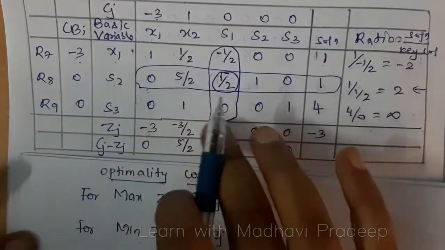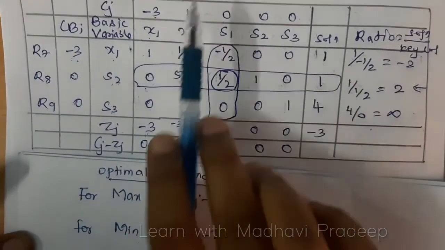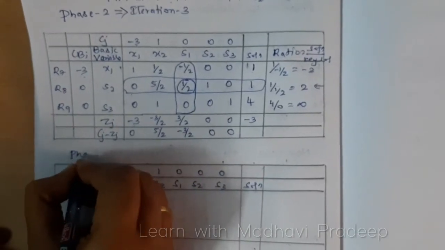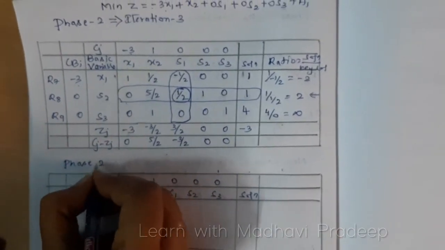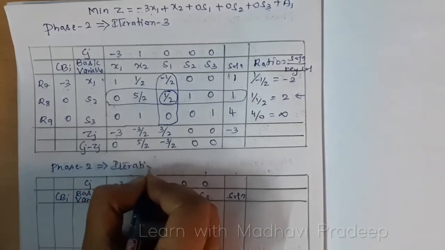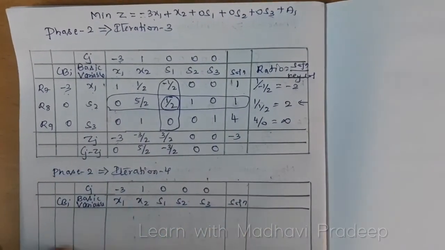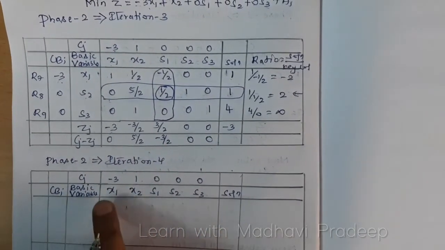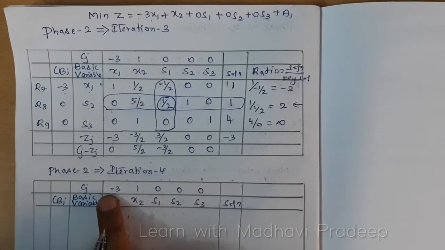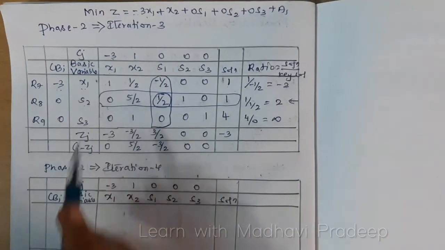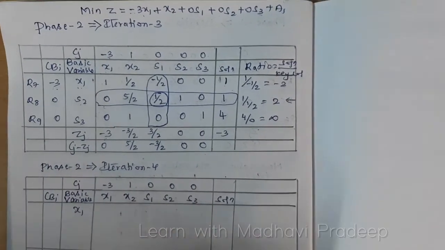Now let us proceed with the next iteration, that is iteration 4 under phase 2. In this table we will have the basic variables x1, x2, s1, s2, s3, and the values will remain the same, as we have to write them from the actual objective function. So x1 will remain the same in this table.